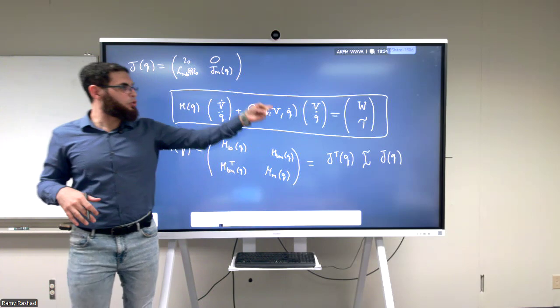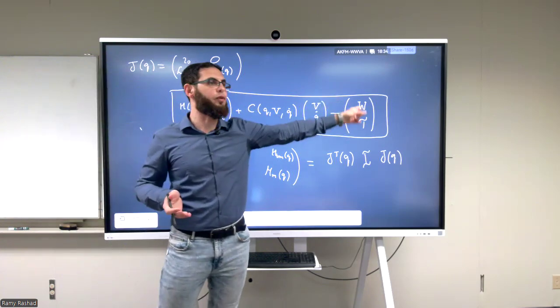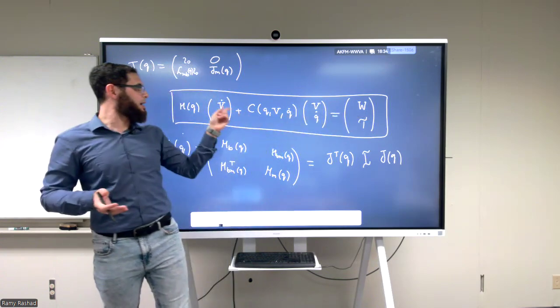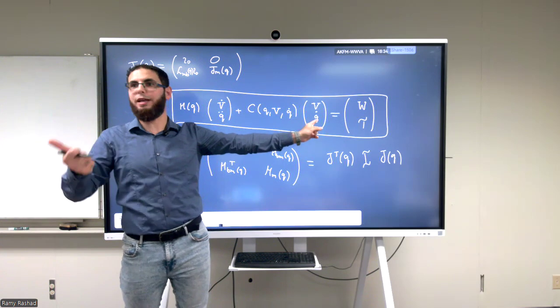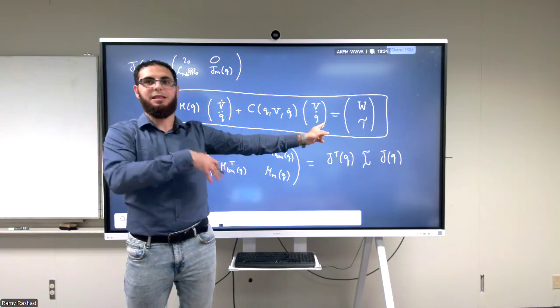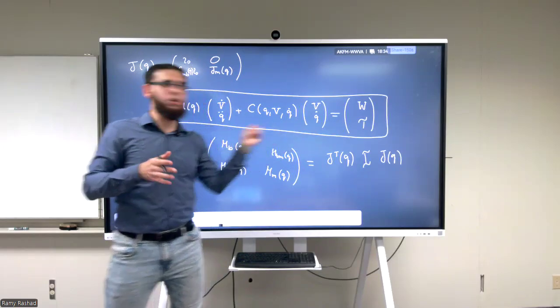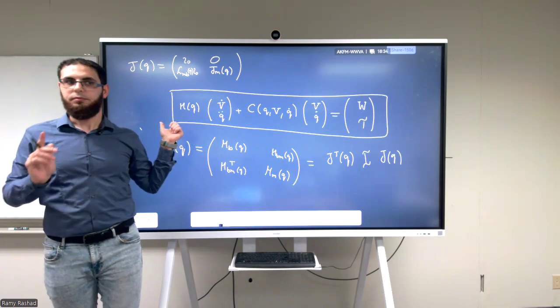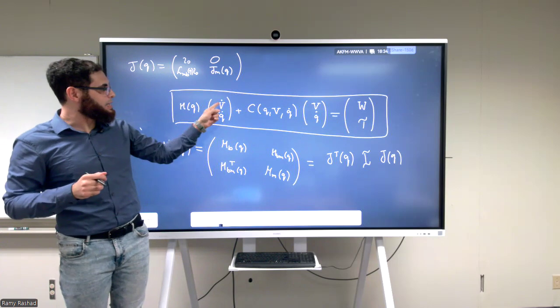But in the end, you need to know this if you want to do model-based control, if you want to design a controller for these guys, such that the V, which is the base movement, and also the Q dot, which is the joint velocities, follow some desired trajectory, or to stabilize it, or to do impedance control, and so on. This will be your starting point.